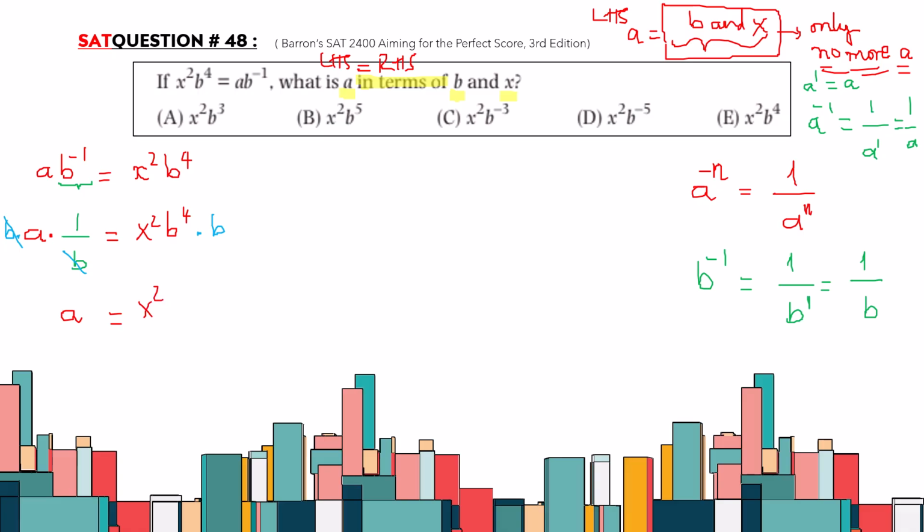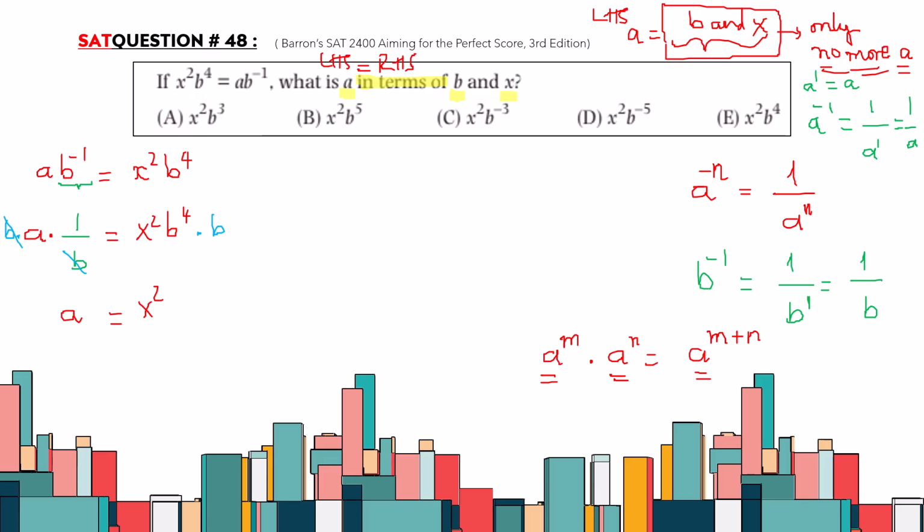And remember, we have another formula saying that if you have a to the power of m multiplied by a to the power of n, you will have the same base a to the power of m plus n. Now we apply it here.